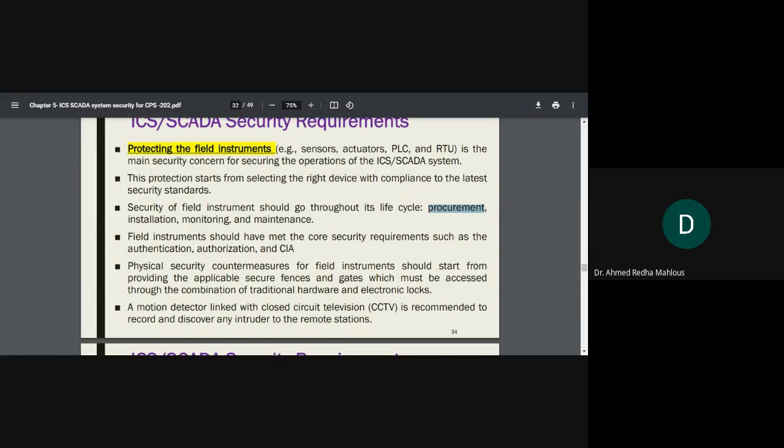It is not enough just to do that; even installation matters. During installation, you may have hired some people from outside, and among them you might have hackers who pretended to be engineers or technicians, and they will install malicious things, code, or devices within those field instruments. The same can happen during monitoring and maintenance as well. So field instrument security should go through the whole life cycle.